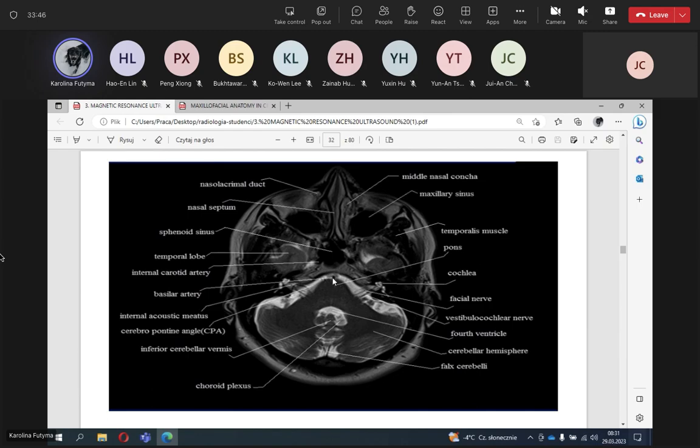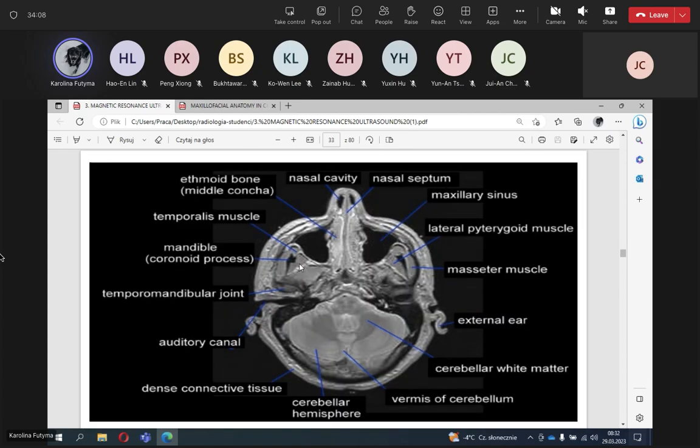The basilar artery would be visible. The internal carotid artery as well. A temporal lobe in here, and more structures. I think that you don't have to know all of the structures on the MRI, just know where we are. Okay, so let's skip.